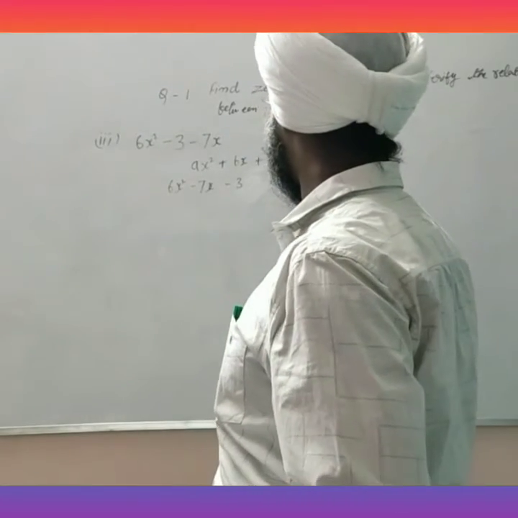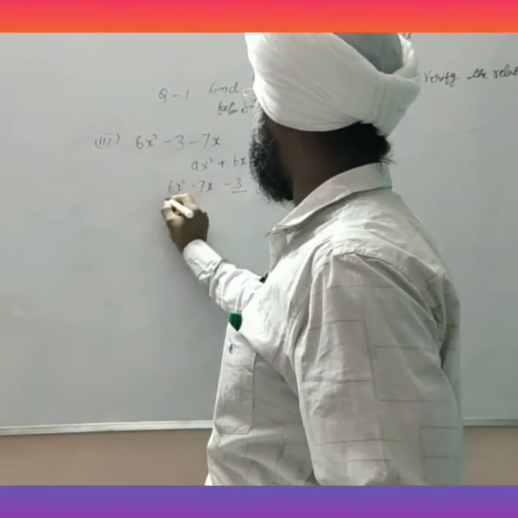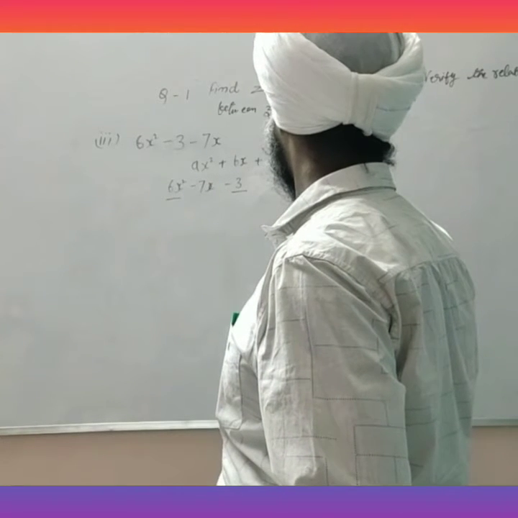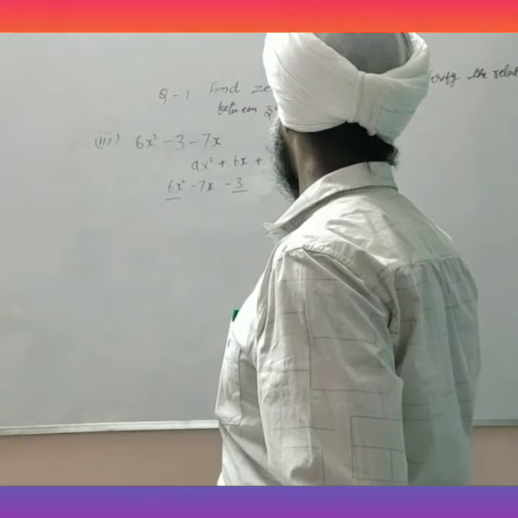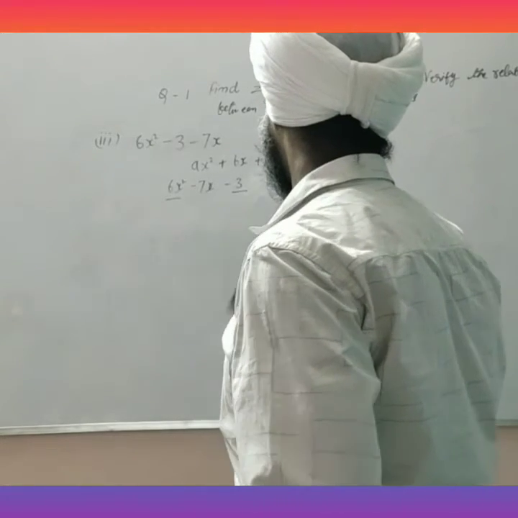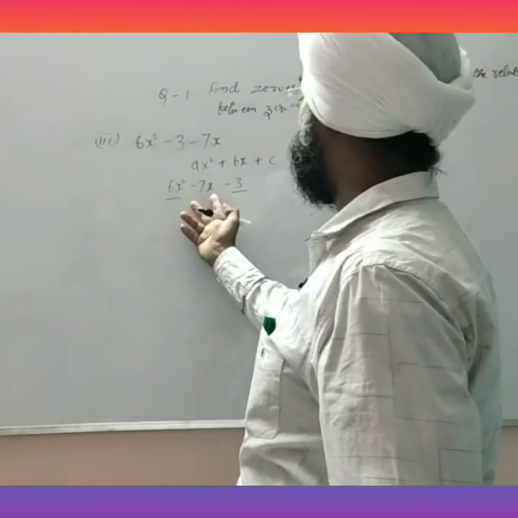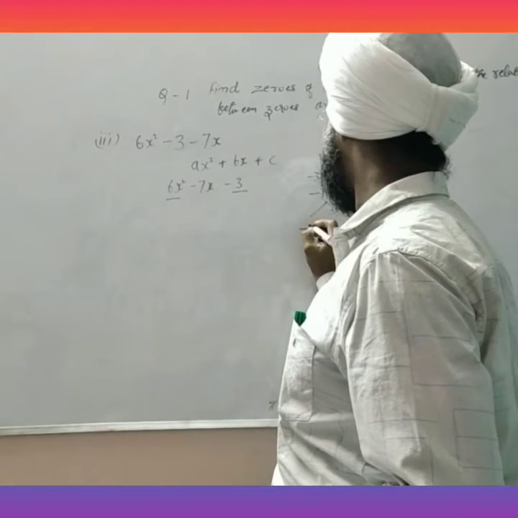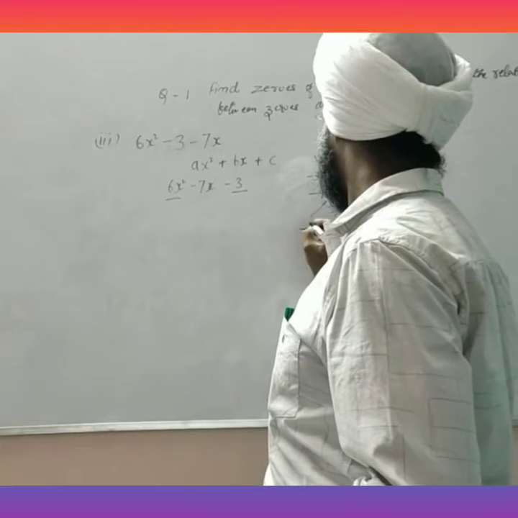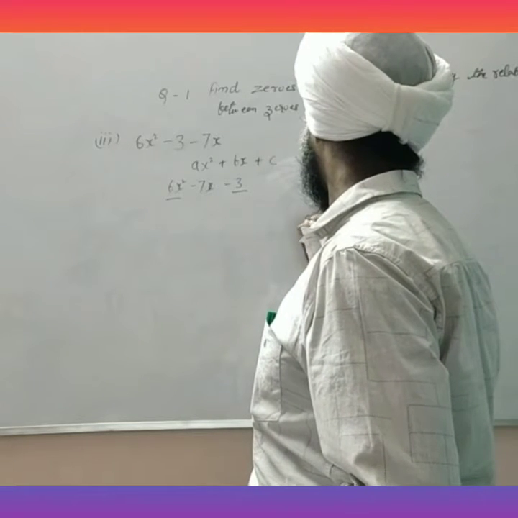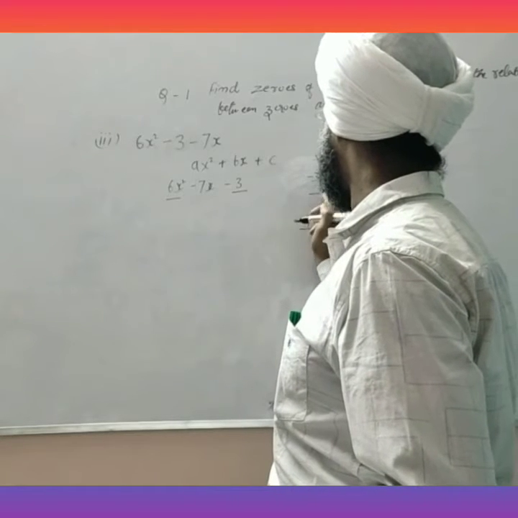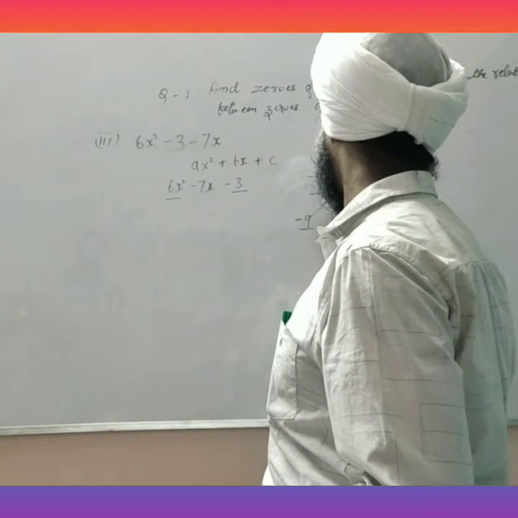Again, middle term splitting: minus 3 and 6x square get multiplied, minus 3 into 6x square is minus 18x square. I have to split this, and the middle term should be present by addition or subtraction of these two numbers. 9 and 2, because 9 twos are 18. I have to make this minus 9 and plus 2.